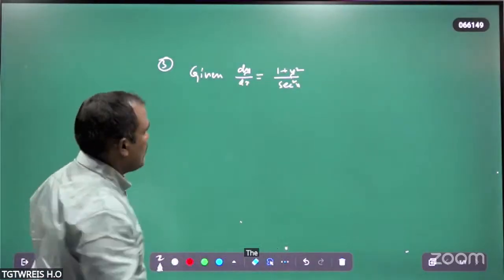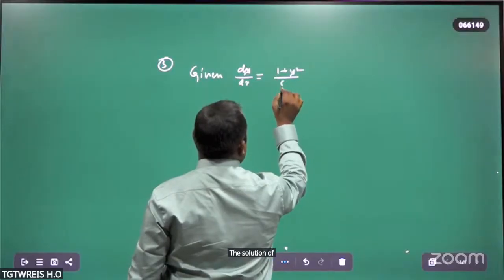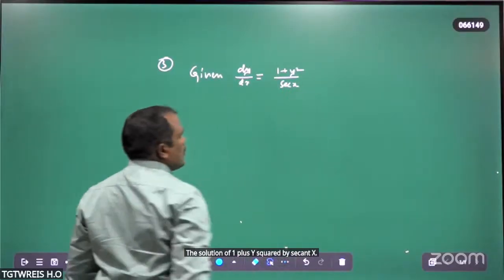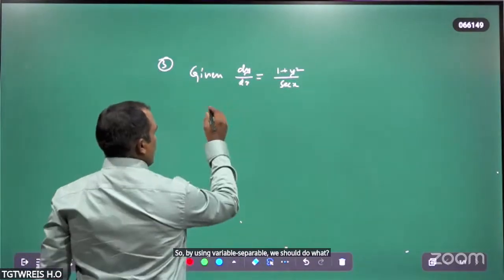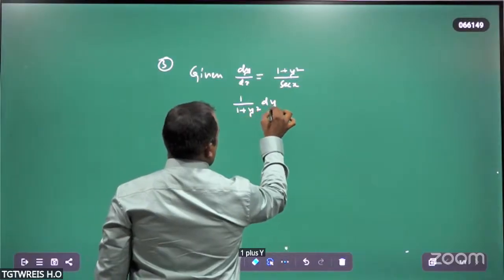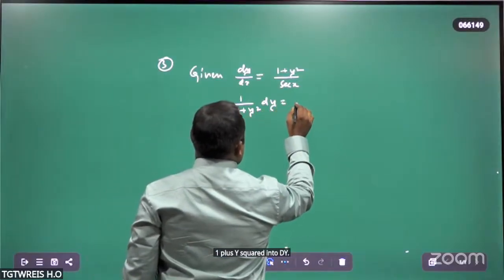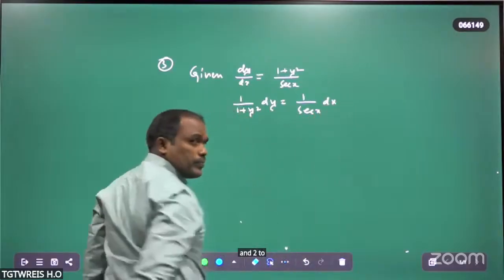The solution of 1 plus y square by secant x. So by using variable separable, we should do what? Variable separable means all y terms, means can I write 1 plus y square into dy equal to 1 by secant x into dx.